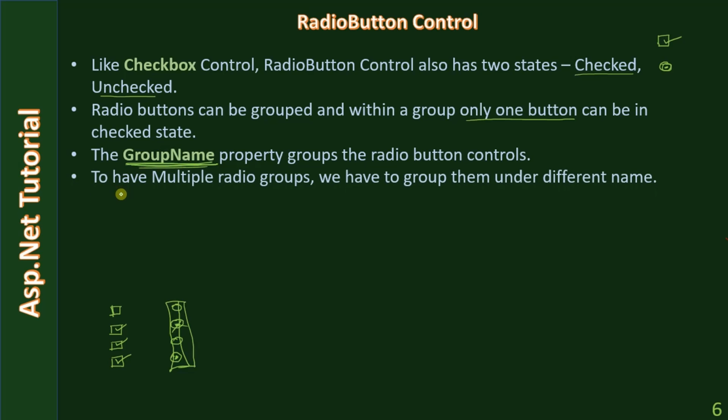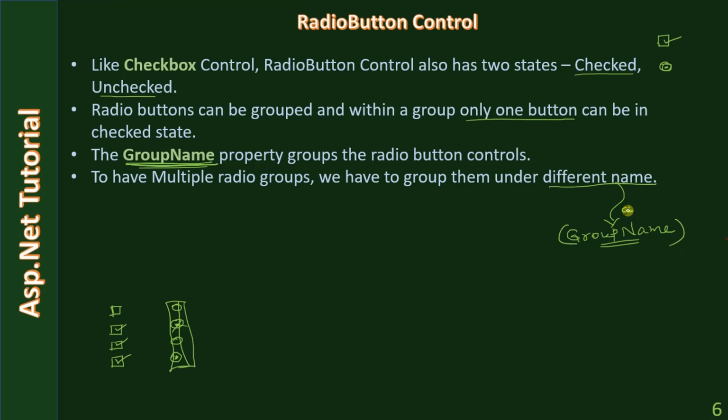To have multiple radio groups, we have to group them under different names, in the sense you have to set different group names. If you need two radio button groups, assign the buttons under a single group name, and assign the next set of buttons under a different group name.